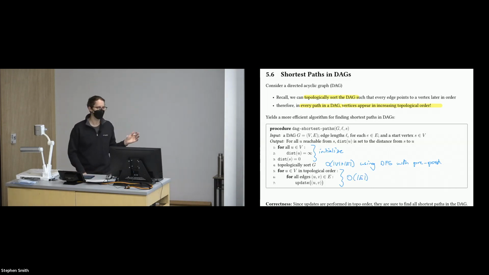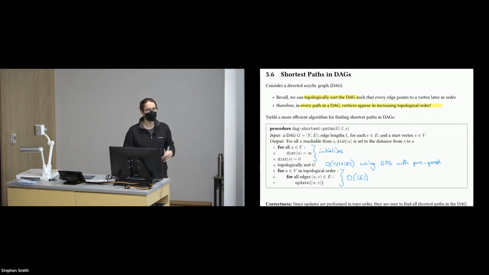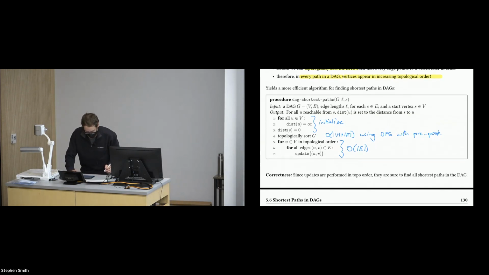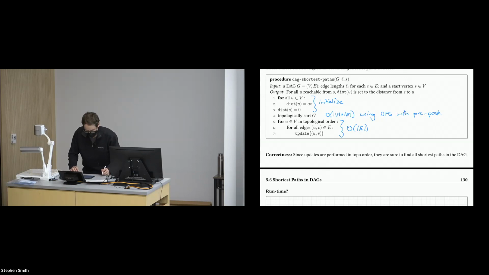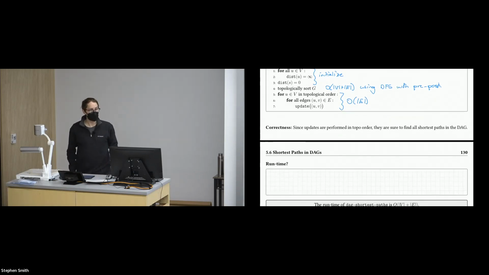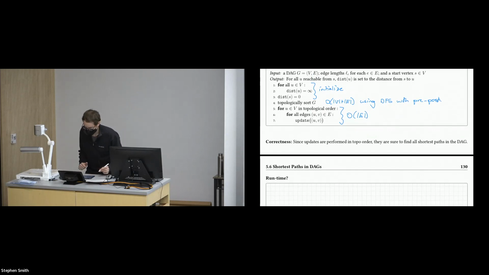I guess technically it should be V plus E, because even if there were no edges in the graph, I loop over all the vertices. I labeled the runtime on the pseudocode, but the runtime is then big O V plus E.